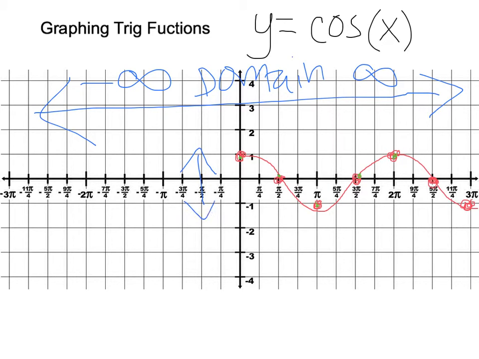You can see the range is a lot smaller than the domain, and it goes from -1 to 1. So that's the range, which will be in brackets because it touches -1 and it touches 1. That's kind of hard to see there, but that would be the range for this basic cosine graph.